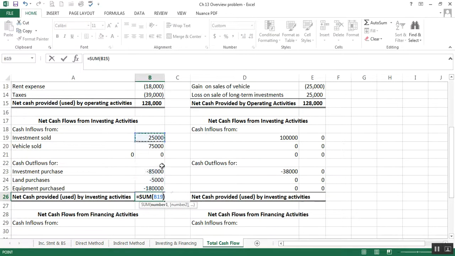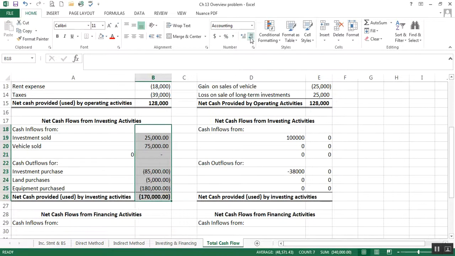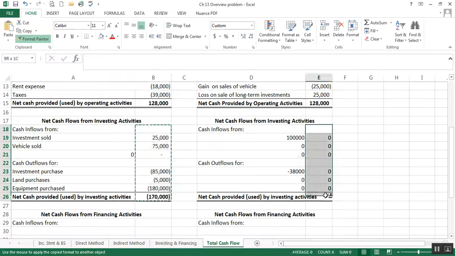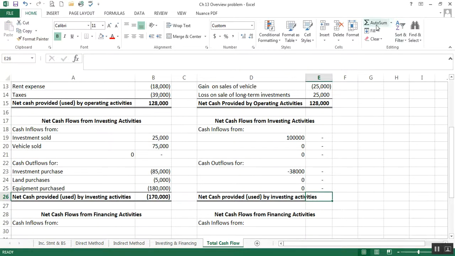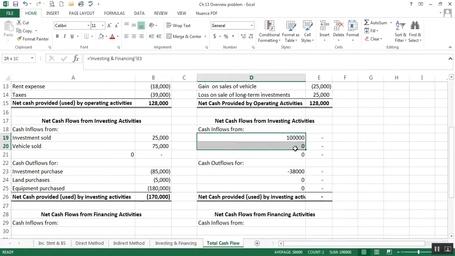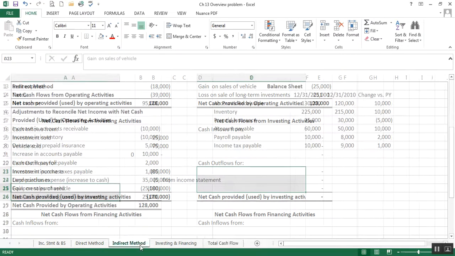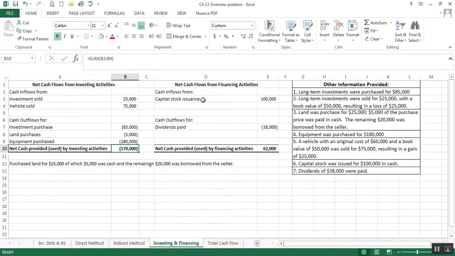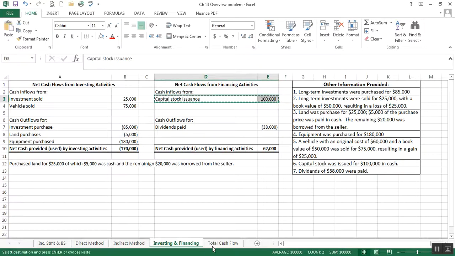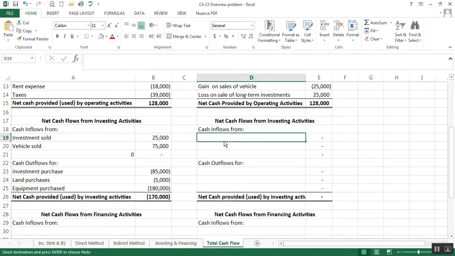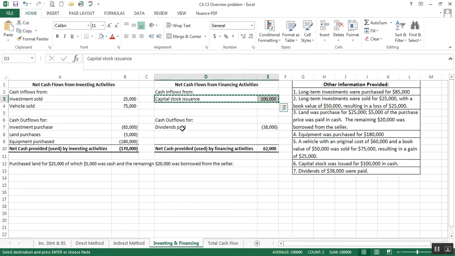This is a little messy, but we'll just fix it right up. Sorry about that. So we're just going to copy from our investing section, capital stock here, and dividends paid here.